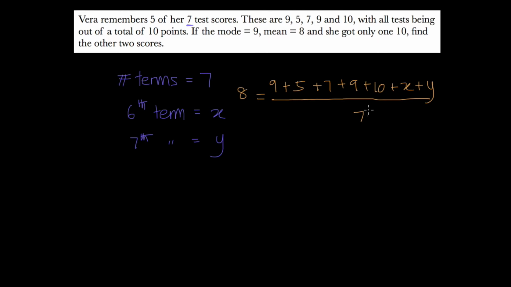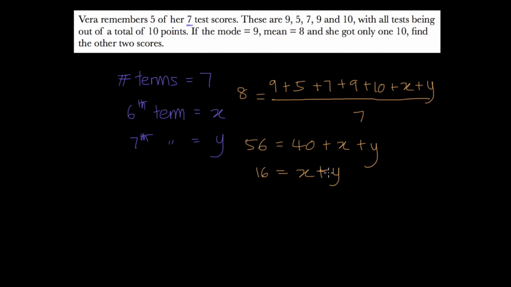So simplifying this, 8 times 7 is 56, and that equals 9 plus 5 is 14, 14 plus 7 is 21, 21 plus 9 is 30, and 30 plus 10 is 40. So 40 plus x plus y. Subtracting 40 from both sides, we are left with 16 equals x plus y.